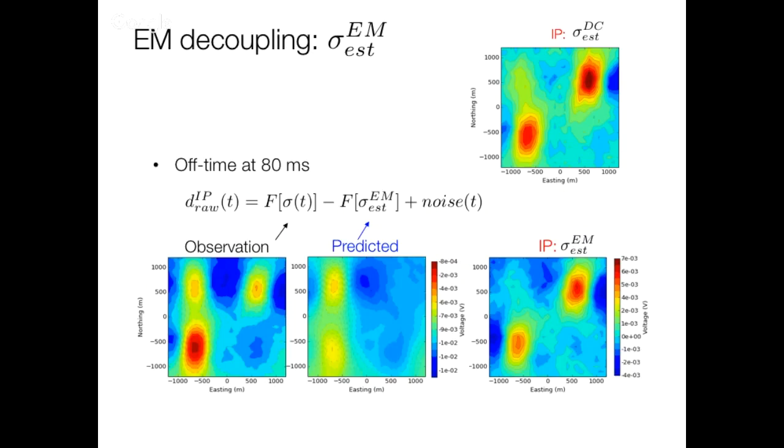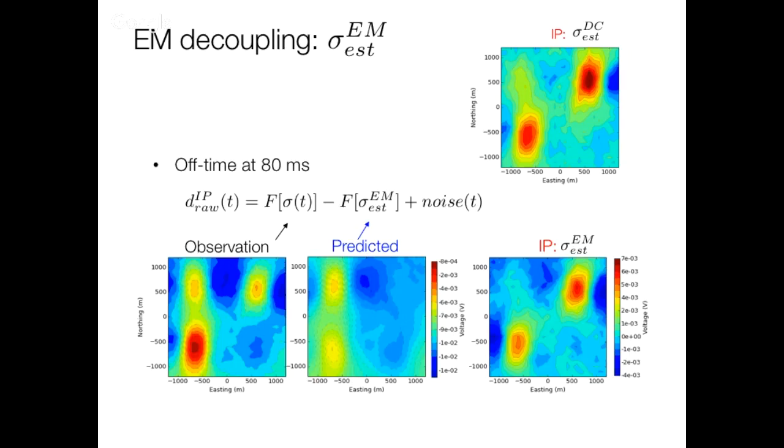Well, right, but this one up here is not chargeable. So inverting the DC data over here shouldn't be that much affected by the discrepancy between the DC data being contaminated with IP or not. I think part of this difference is that we've got multiple time channels.